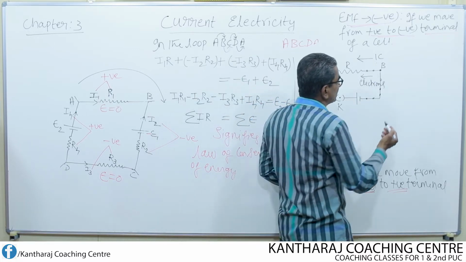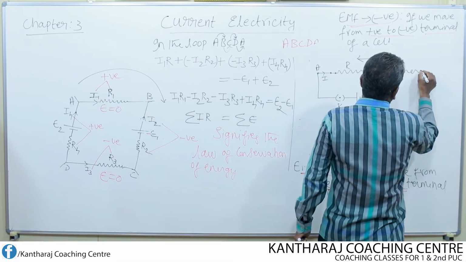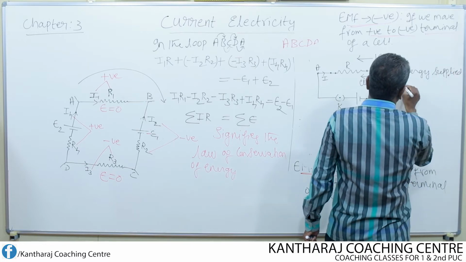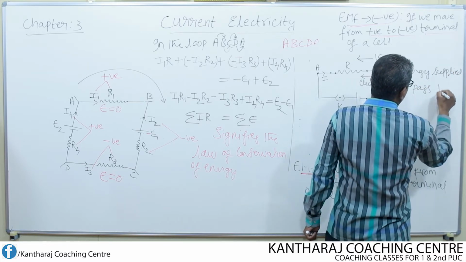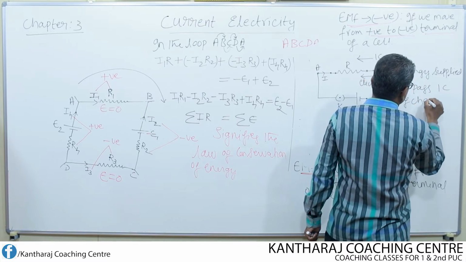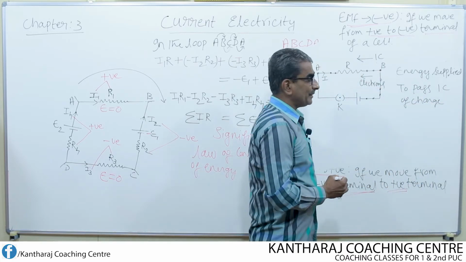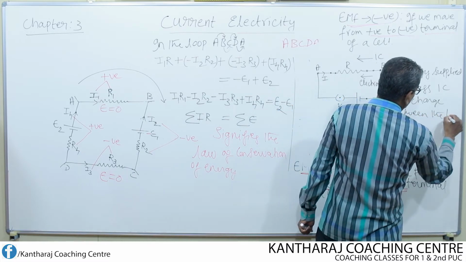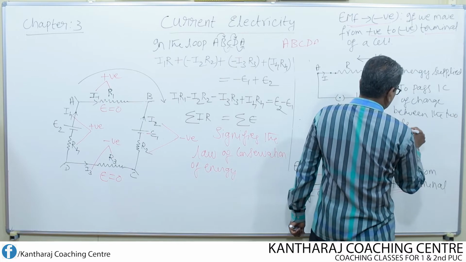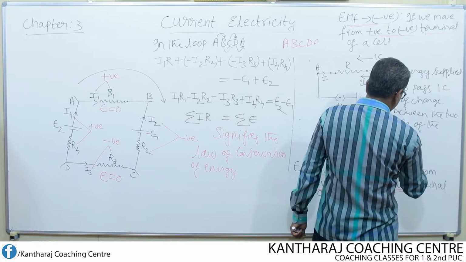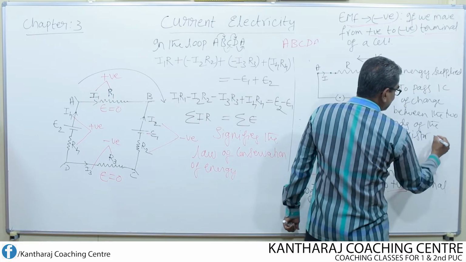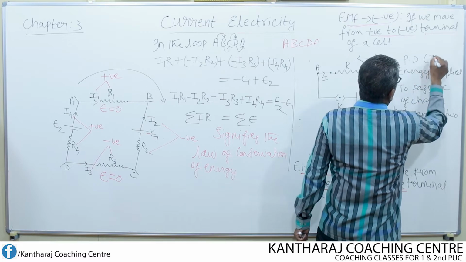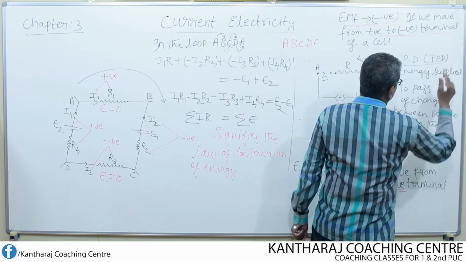So I can write this in a simplest form: energy supplied by the cell to pass 1 coulomb of charge between the two ends of the resistor, okay, this is nothing but potential difference, or terminal potential difference.